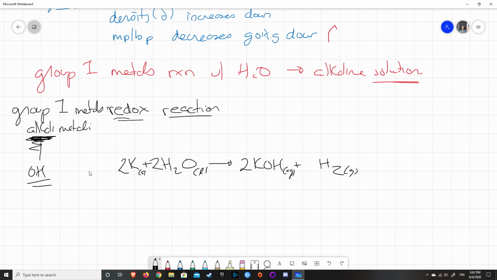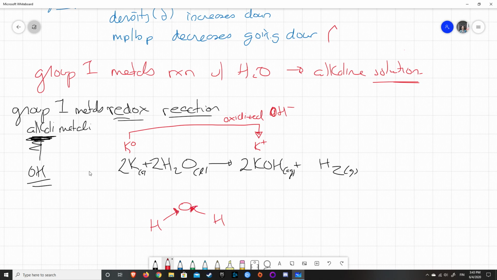So let's analyze what's getting oxidized and what's getting reduced. Here we've got K in a 0 oxidation state, and here we've got K plus, because remember OH always has a -1 charge. So we've gone from a 0 state to a +1 state, so it has oxidized. And this H2O, if we were to draw an H2O molecule, remember that oxygen is electronegative, so it loves electrons, so it's pulling on these bonds.